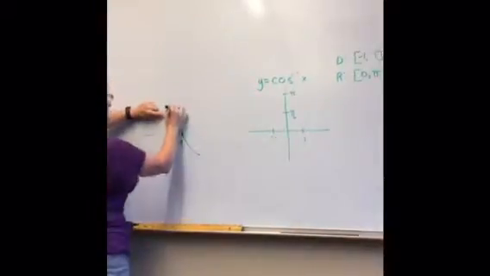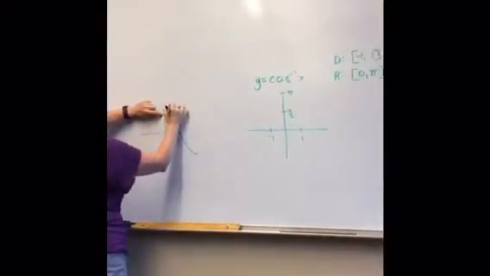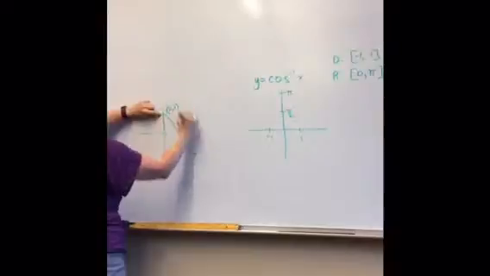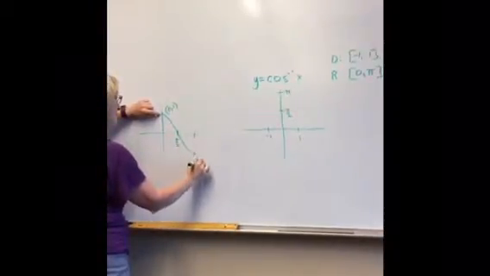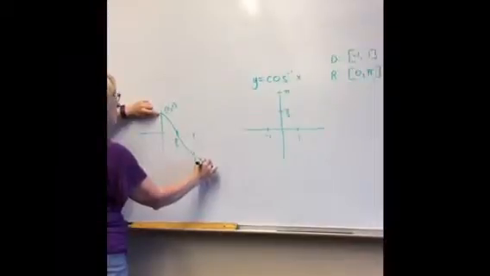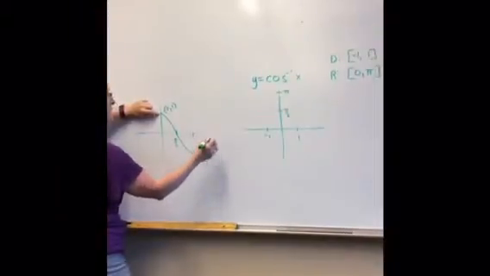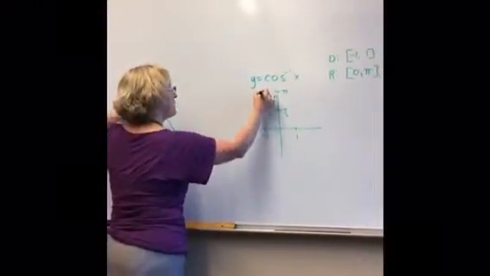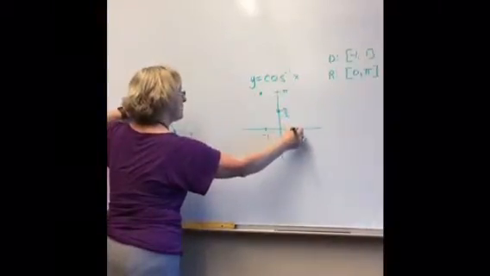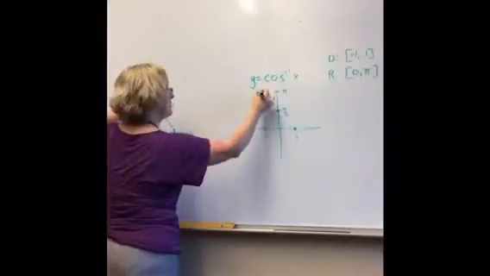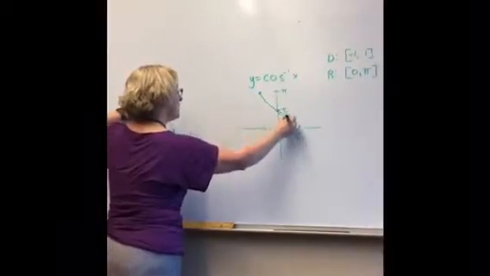So this is the point 0, 1, and this is the point pi, negative 1, excuse me. So now it'd be negative 1, pi, pi over 2, 0, and 1. So it's going to look something like that.